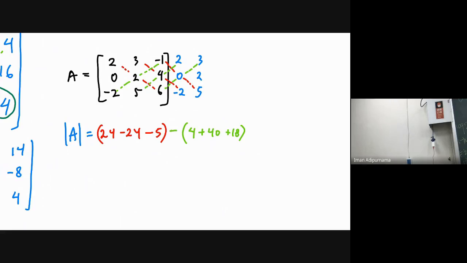Oh, it's too bright. Yeah. But is my calculation correct? Which one? Minus 5. Oh, here. So it should be 0.